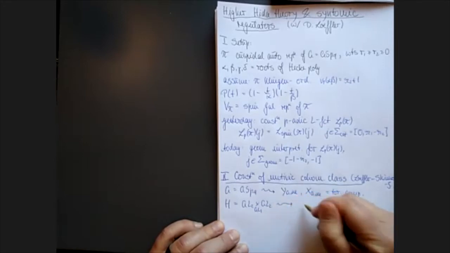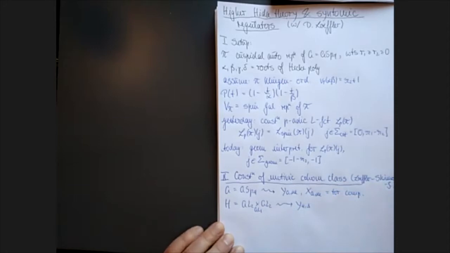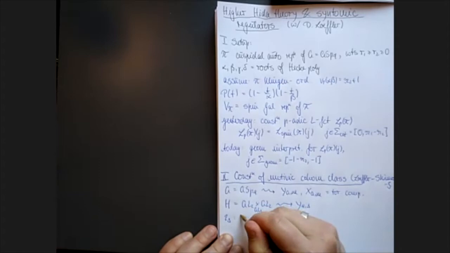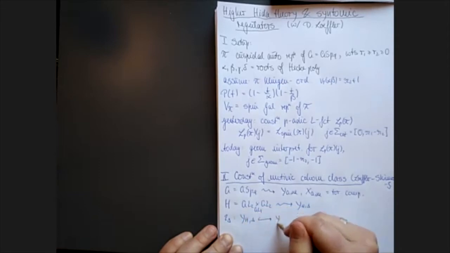This gives rise to a Shimura variety, which David denoted Y_H^delta, with a very special level structure at p. And we have an embedding iota_delta of Y_H^delta into Y_G Klingen.